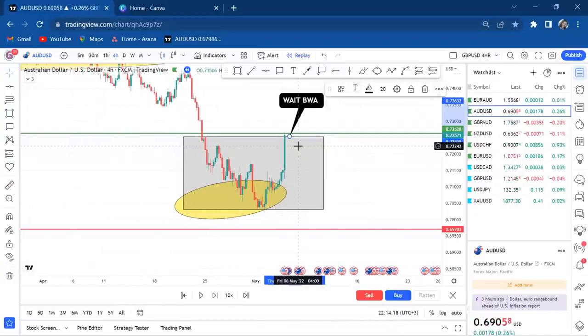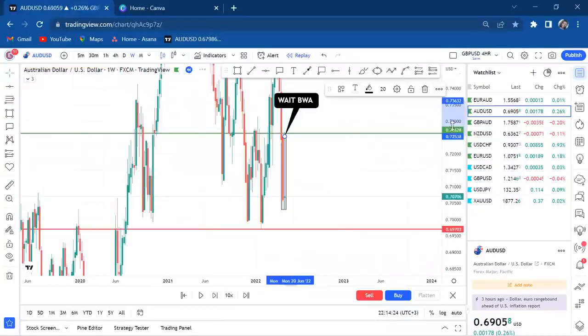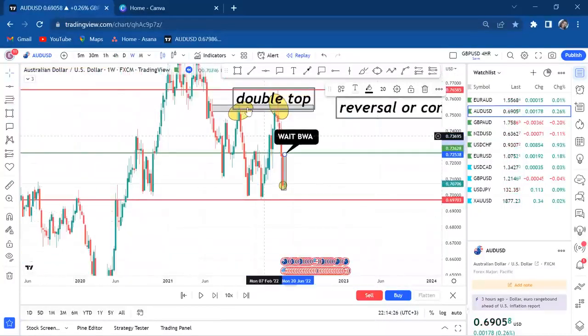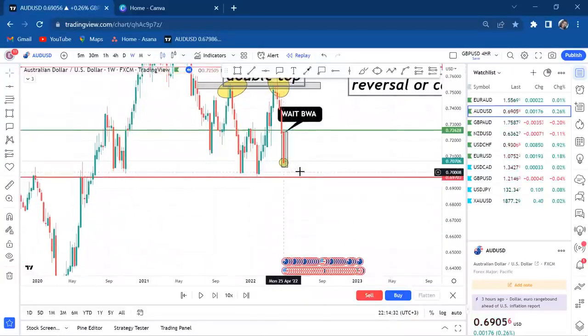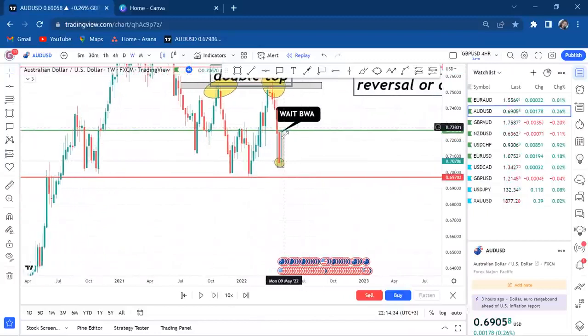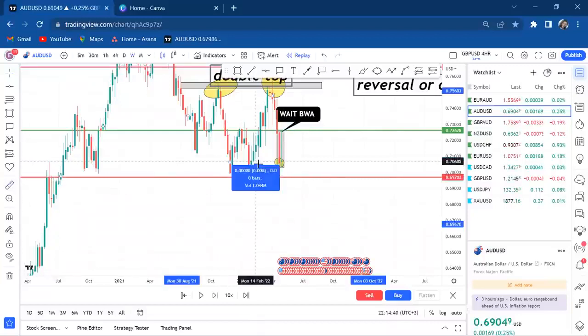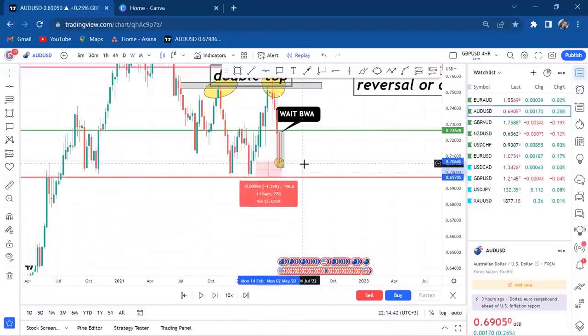The good thing is that we don't have the mind to buy anymore, because on the weekly we have a double top. So actually, our mind will wait until the neckline is broken because we don't want to keep selling. The distance is too low. The distance from where the market is to the neckline is just 98 pips.